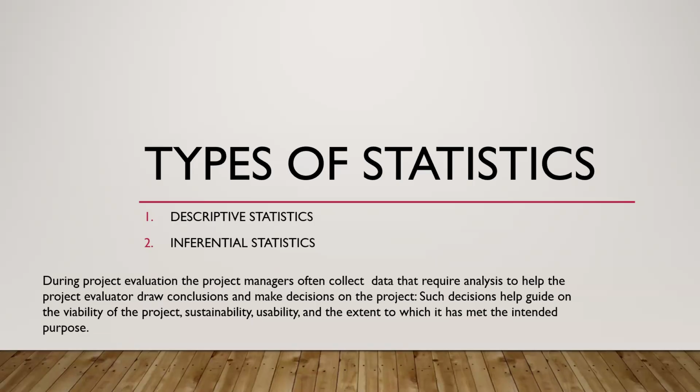If you are collecting data from just a section of the population, that is what we call sampling or a survey. Okay, you're doing a survey because you're collecting data from just a sample of the overall population.